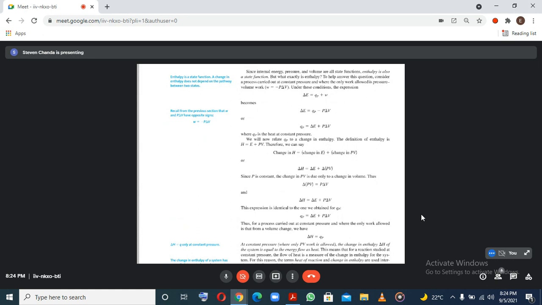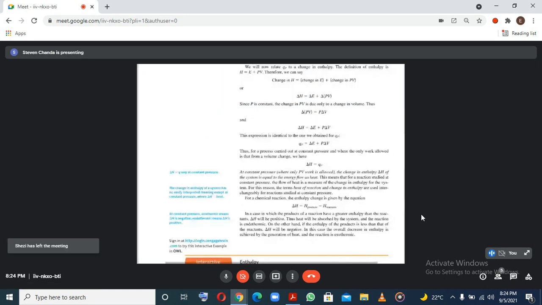So now we want to relate this heat at constant pressure to a change in what? In enthalpy. So remember, the definition of enthalpy is what? It is equal to internal energy plus pressure times volume. So now we want to find out the change in enthalpy. To find it, you are basically putting the changes in everything, right?